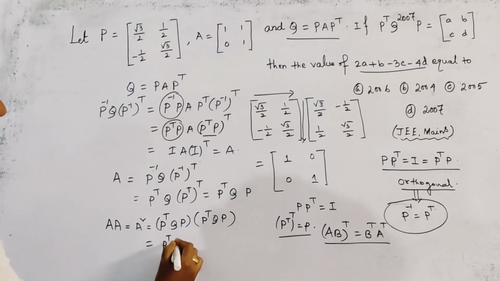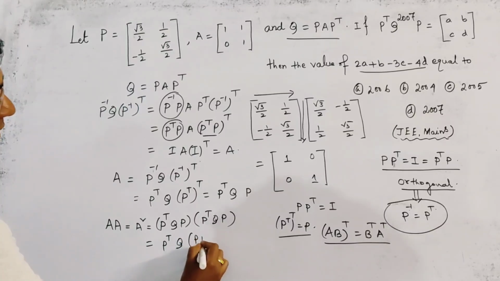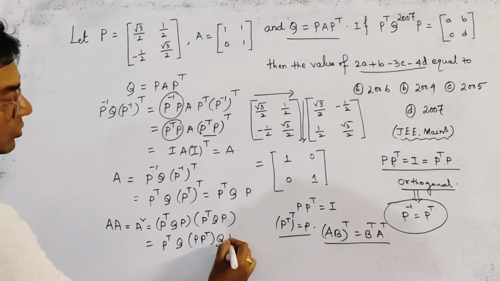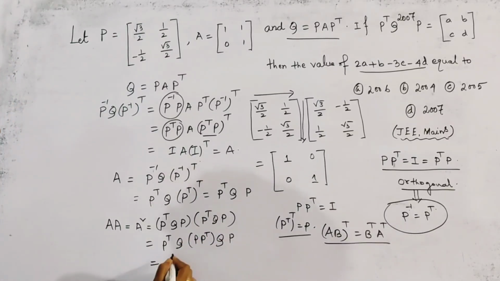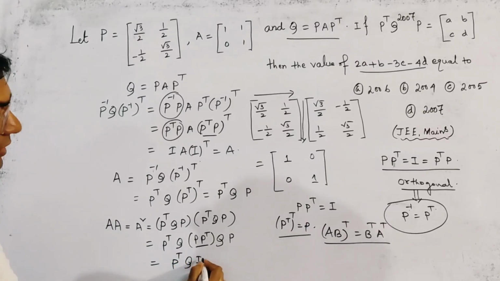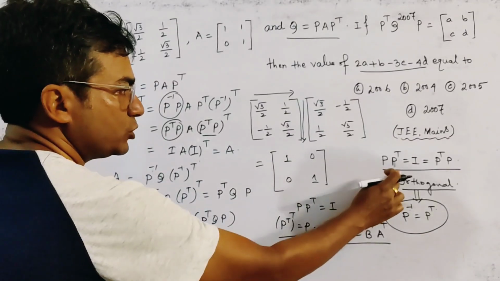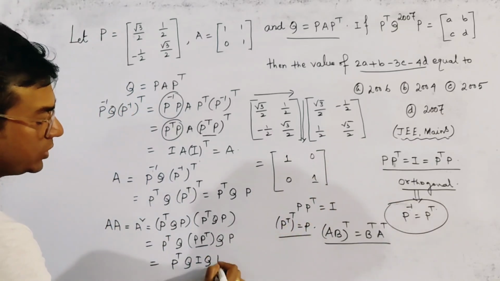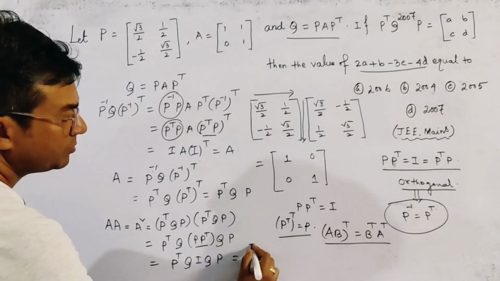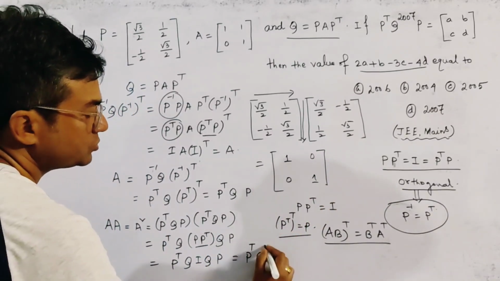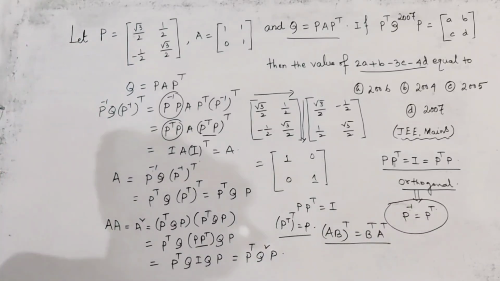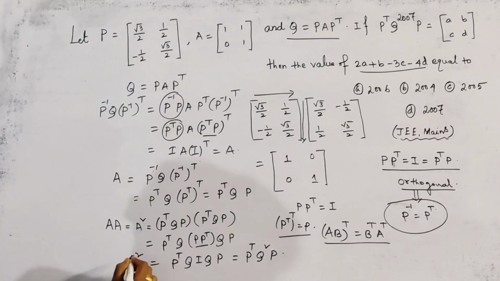So this is P transpose Q, P P transpose, which is I by the property of an orthogonal matrix, into Q into P. So we get P transpose Q square P. Okay, so A square equals P transpose Q square P.